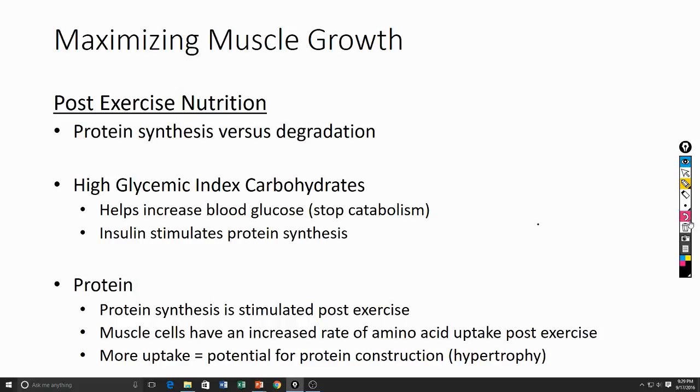Okay, so insulin is a very, very, very potent protein synthesis hormone. Okay, you may know it from the fact that having insulin in your system can cause insulin resistance. It can cause uptake of additional fats. It's not really great if you're trying to lose weight.